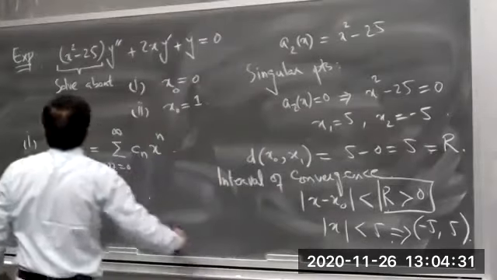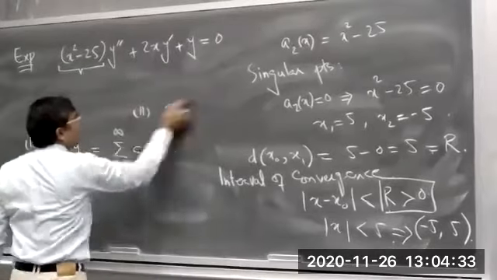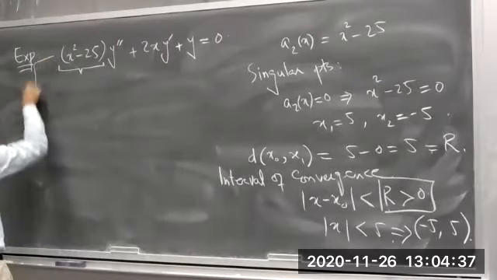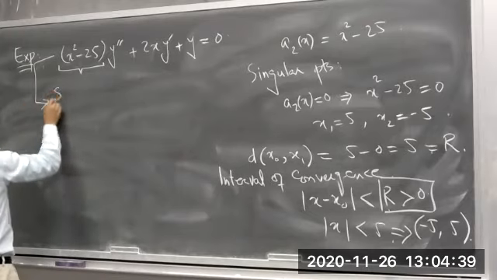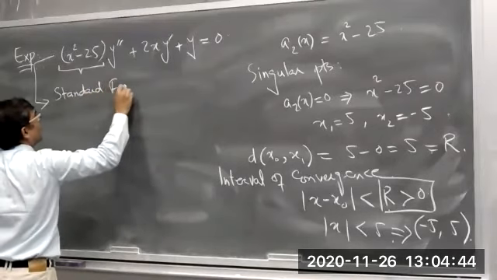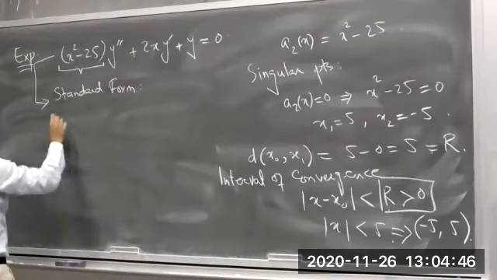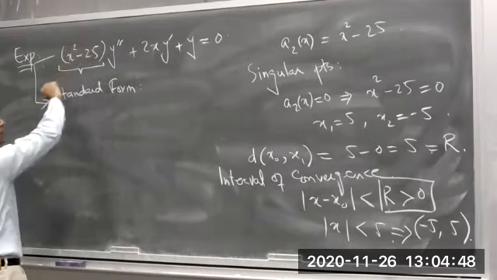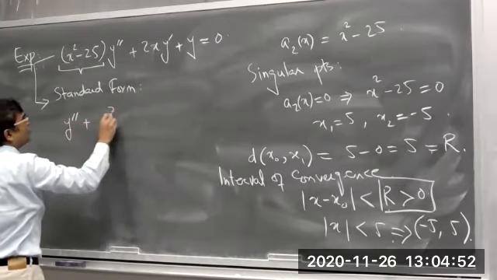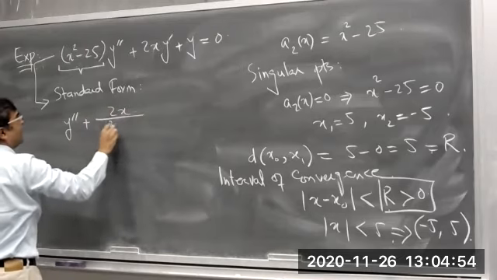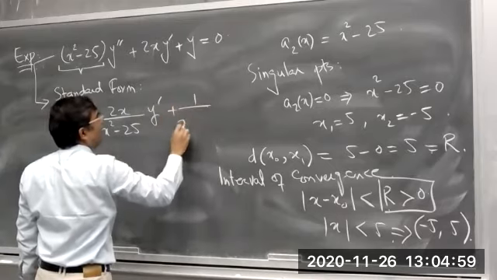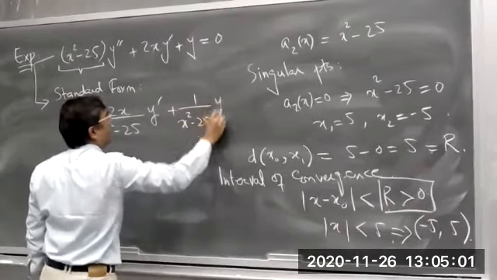You convert the given differential equation into the standard form. What is the standard form of this differential equation? We divide by the coefficient of y double dash throughout on both sides to obtain y double dash plus 2x divided by x square minus 25, y dash plus 1 over x square minus 25, y equal to 0.